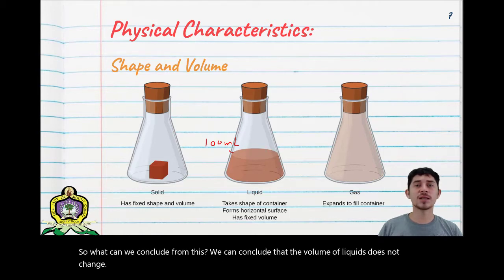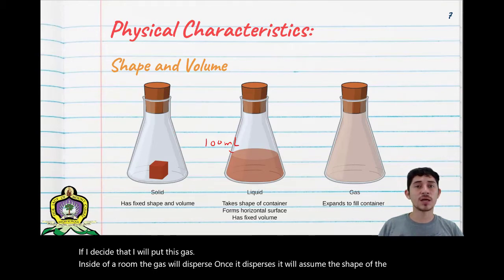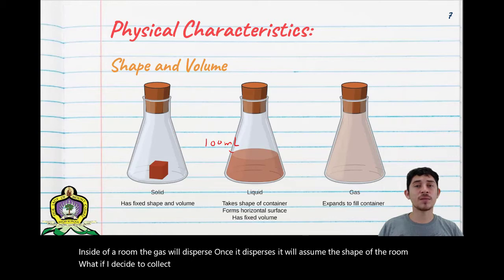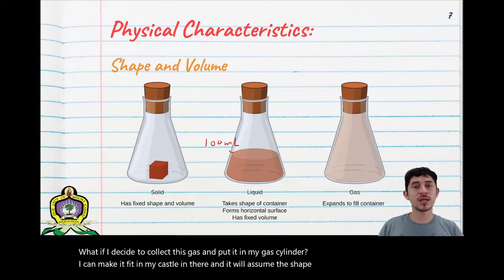Now let's look at gases. Gases, on the other hand, if I decide that I will put this gas inside of a room, the gas will disperse. Once it disperses, it will assume the shape of the room. What if I decide to collect this gas and put it in my gas cylinder? I can make it fit in my gas cylinder and it will assume the shape and the volume of the cylinder.